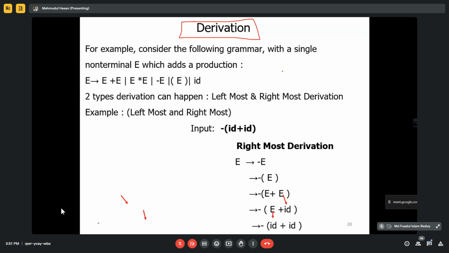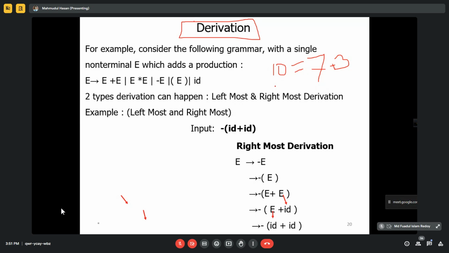Suppose 10 to 7 plus 3, like that. In mathematics we apply derivation in different cases, especially in physics. We derive different formulas from one form to another form. Both are the same, but the representation is different.